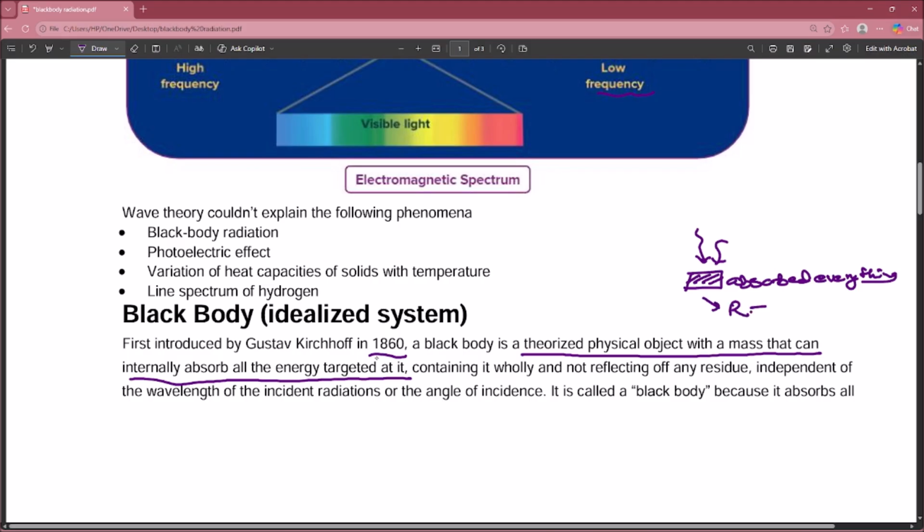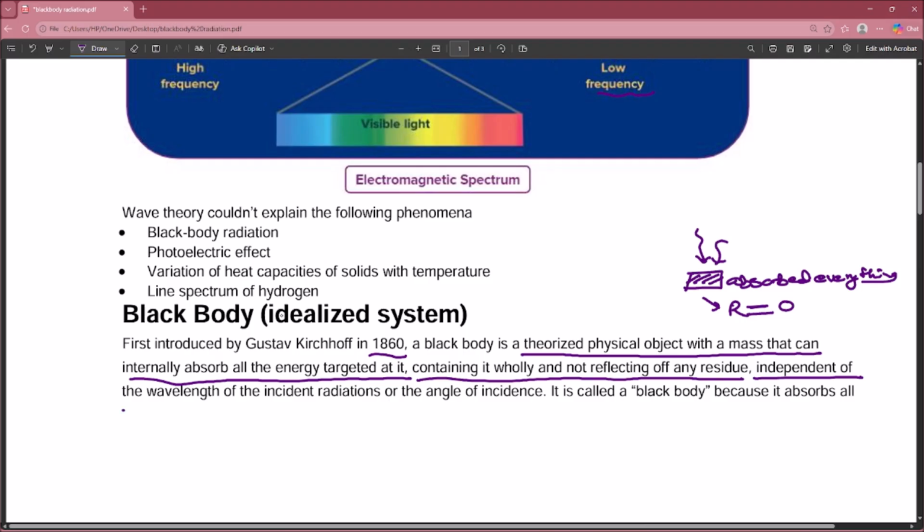So R is equal to 0, containing it wholly and not reflecting any residue.